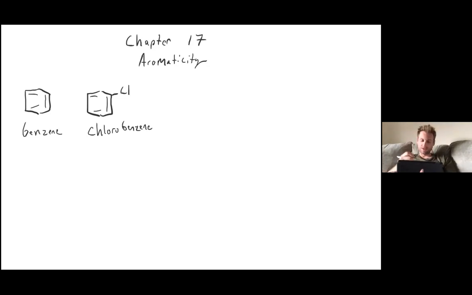Nitro groups are kind of the same. So if we have an NO2, which is something we're going to be adding a lot, you would just call this nitrobenzene. And then carbon groups larger than 1 also just get their first name.